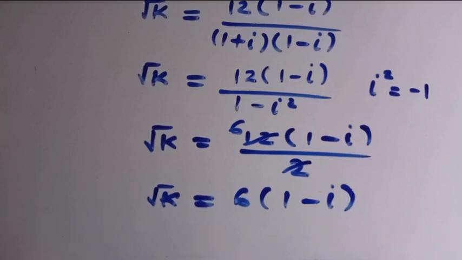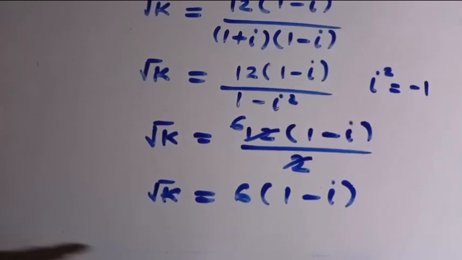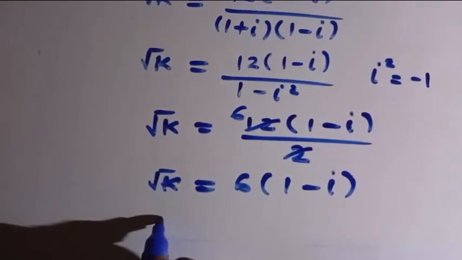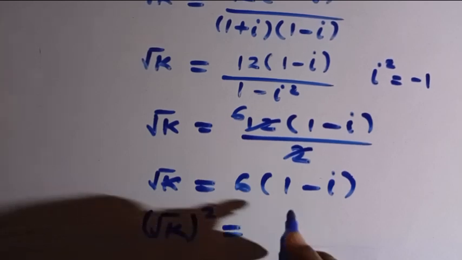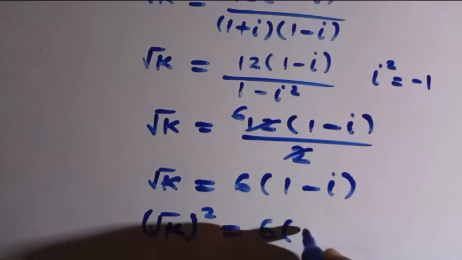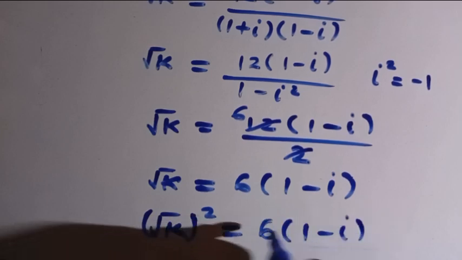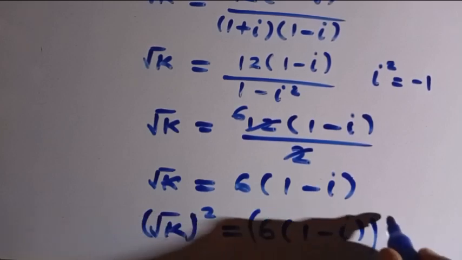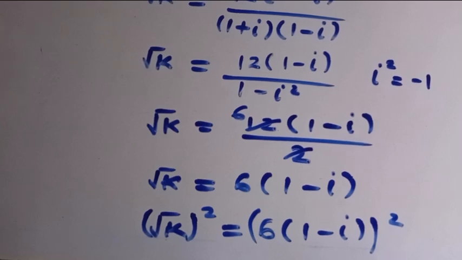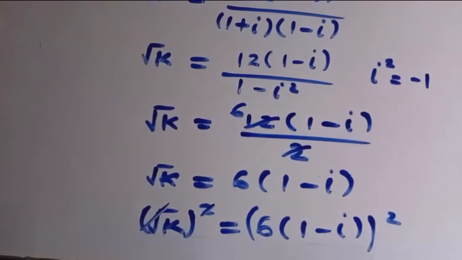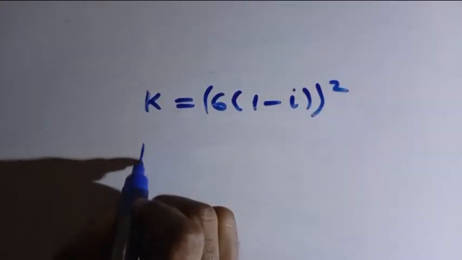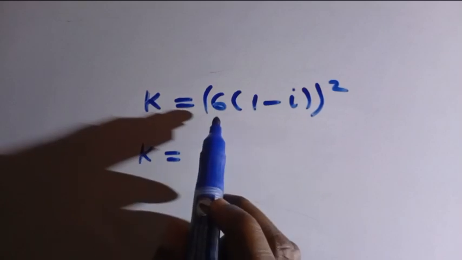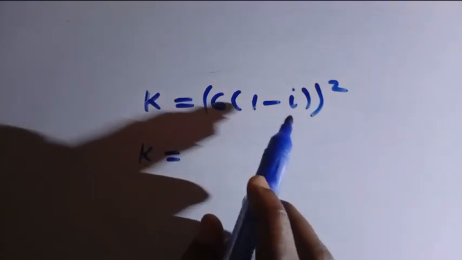Having this, we have to take the square of both sides. So to cancel this root, square root of k squared equals 6 into bracket of 1 minus i, then all squared. So square and square root cancelled, and we have the value of k equals 6 bracket 1 minus i all squared.